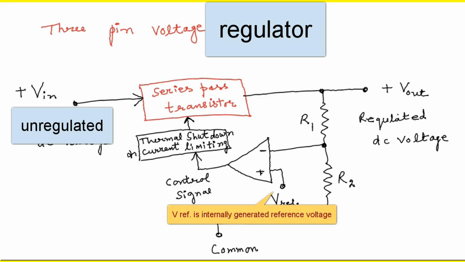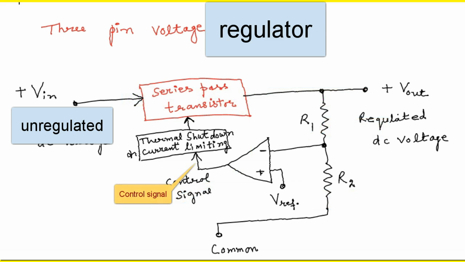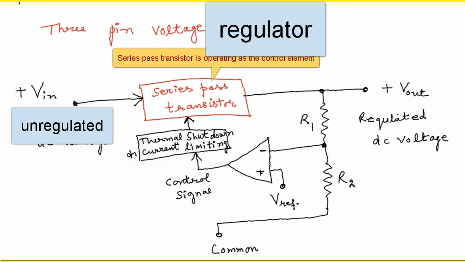An internally generated reference voltage is applied to the non-inverting terminal. The op amp is a comparator. It compares the reference voltage with the feedback voltage, and according to the difference it produces the control signal.